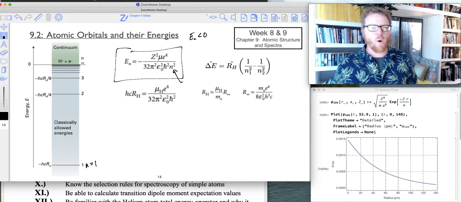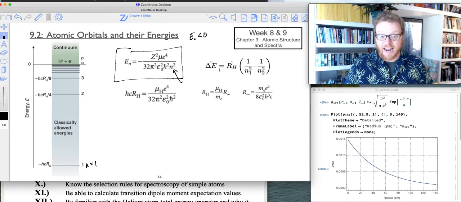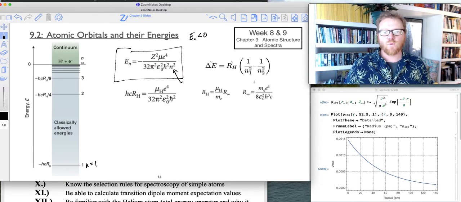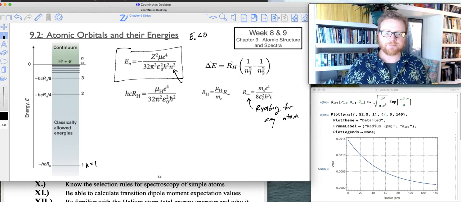So if I keep going with this and make a connection to the Rydberg equation, I'm going to start over on this side. Rydberg's constant for any nucleus, for any type of atom, we get this constant.